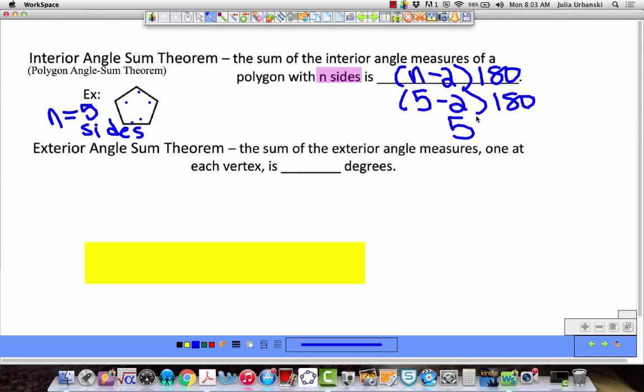You don't have your calculators? I'm doing this in my head. Someone can check it with your calculator though. Actually, I can look at the next screen where I did it. Okay? So all you have to do is take the number of sides, subtract 2, multiply by 180, and that'll give you the total. And this is important for when you're trying to find a missing side, especially in the word problems.